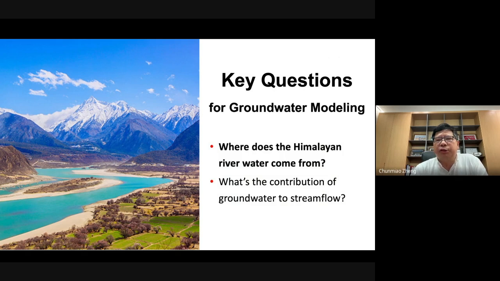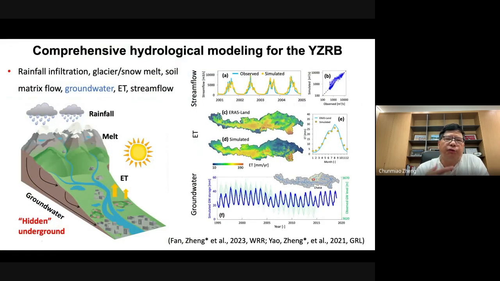And the key question in our research for groundwater modeling: we want to quantify the composition of the river water. Where does the river come from? That's the first question. So for this region, we developed comprehensive hydrological models.